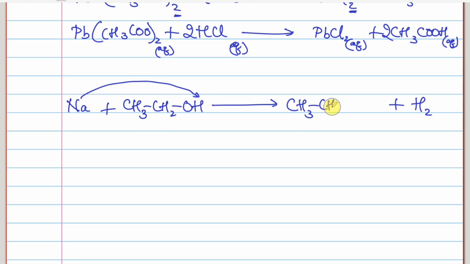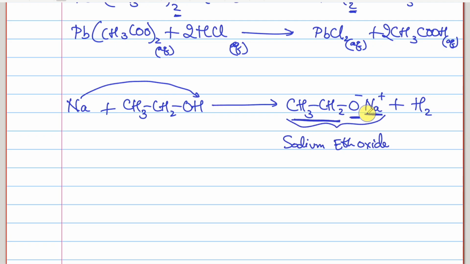CH3CH2ONa, this molecule will be formed. This molecule itself is known as sodium ethoxide. It has a sodium part, it has an ethane part, eth, and it has an oxide part, sodium ethoxide, plus hydrogen gas.